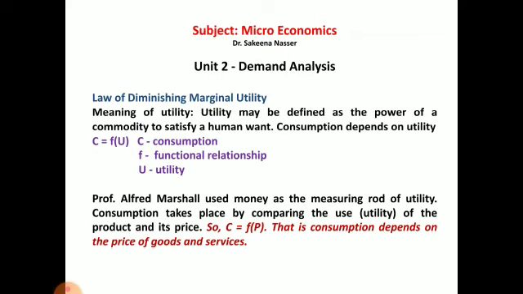Consumption takes place by comparing the use, that is, utility of the product and its price. So we can also say consumption depends on the price of the goods and services. That is, C has a functional relationship with the price.